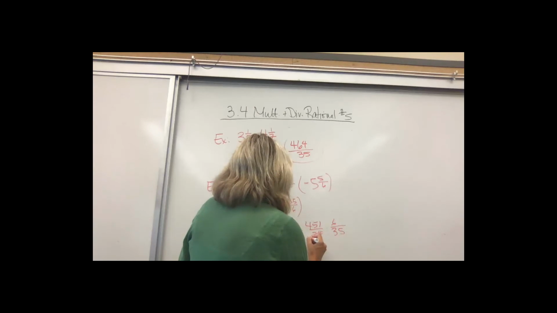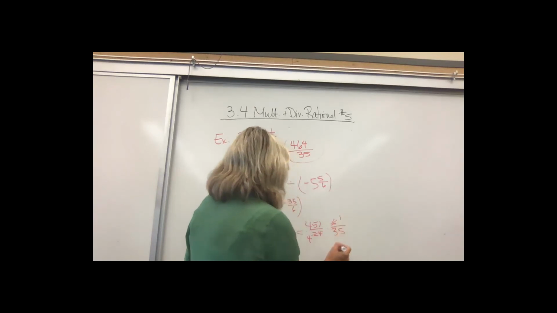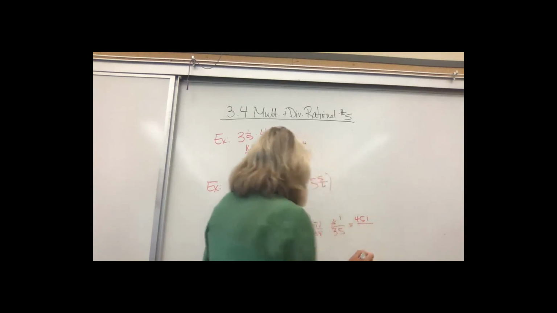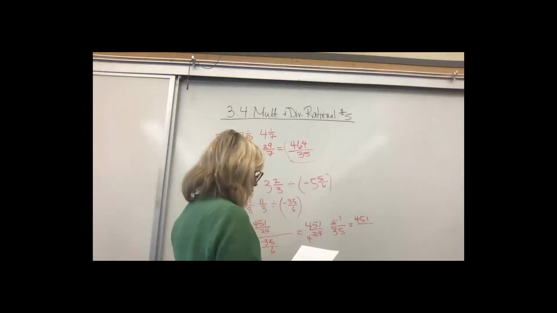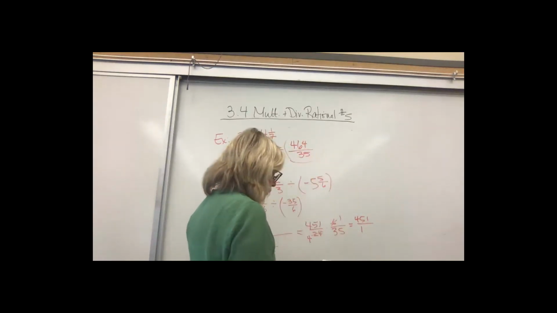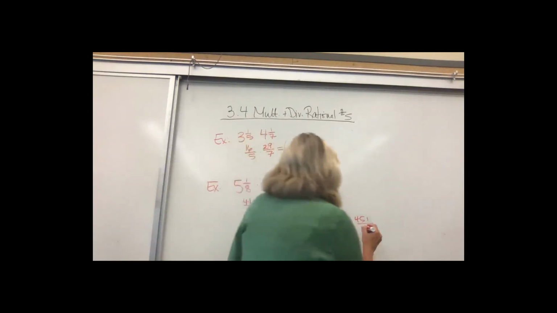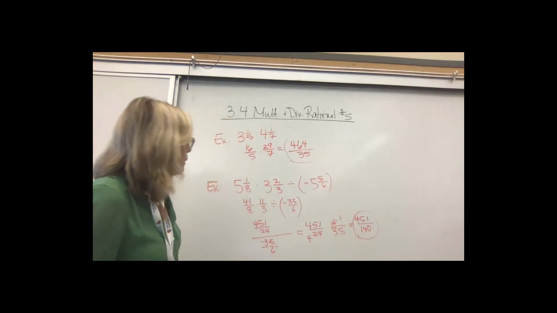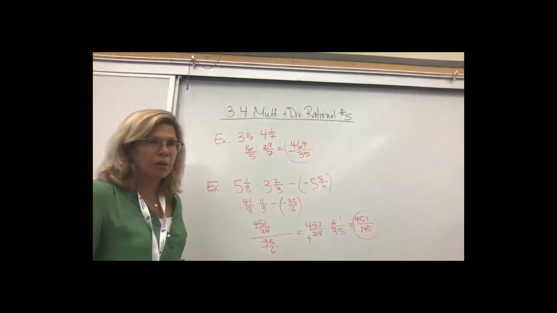And that is 4 and that is 1. So then we have 451 over 35 times 4, which is 105. No, it's not. 140.